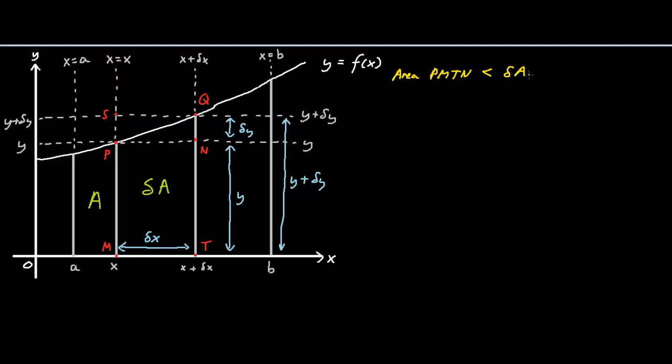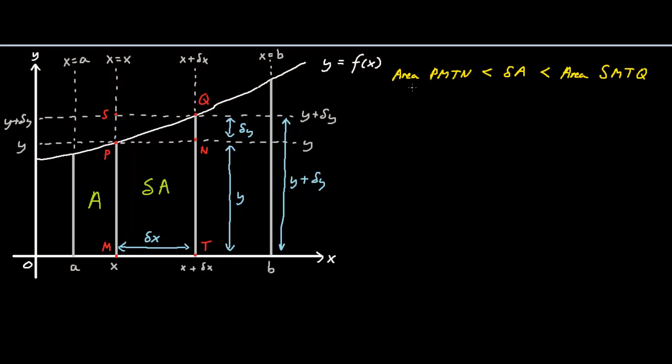So I'll put change in area is greater than the area of rectangle PMTN. Now, the section change in area does not have a bigger area than the rectangle SMTQ. The area of the rectangle SMTQ is larger than the area of change in area.